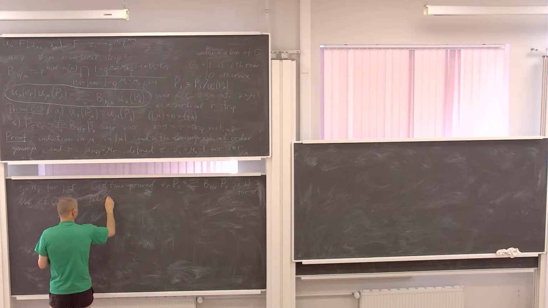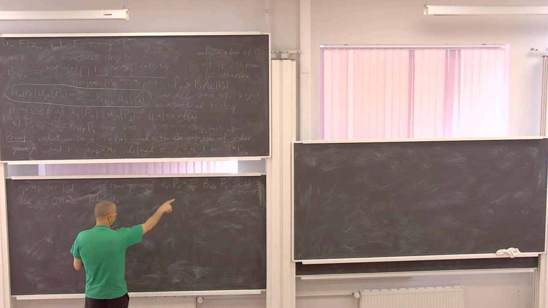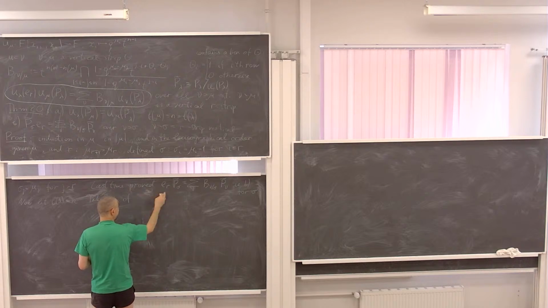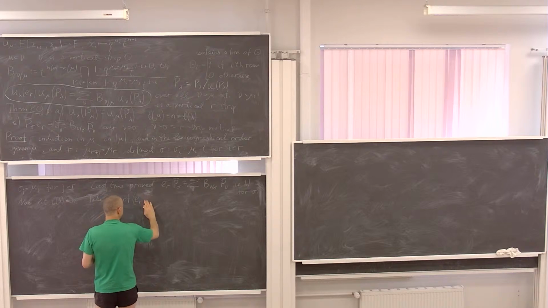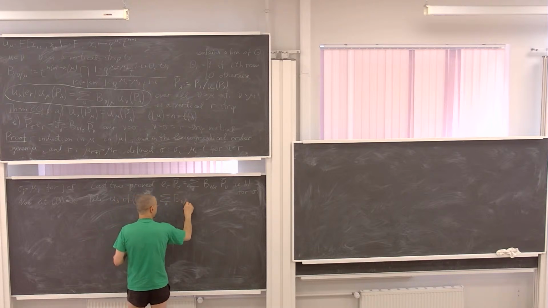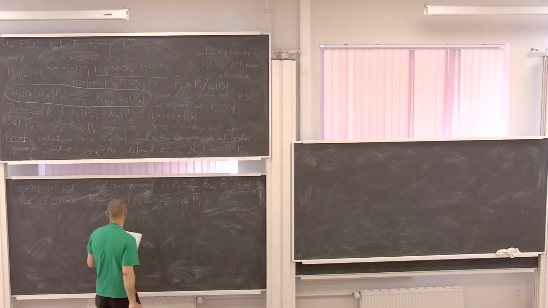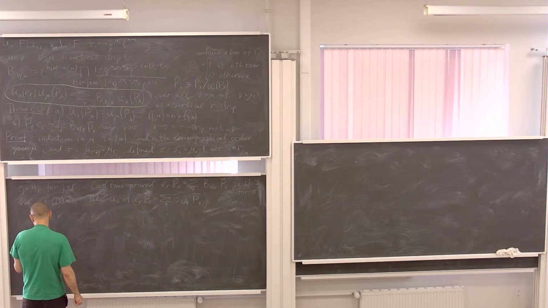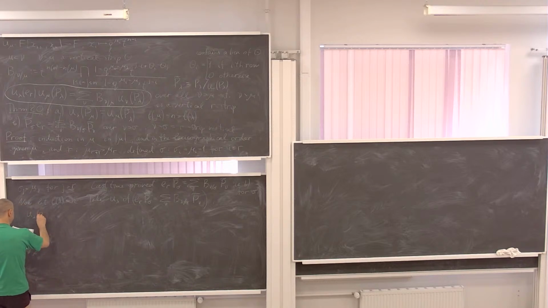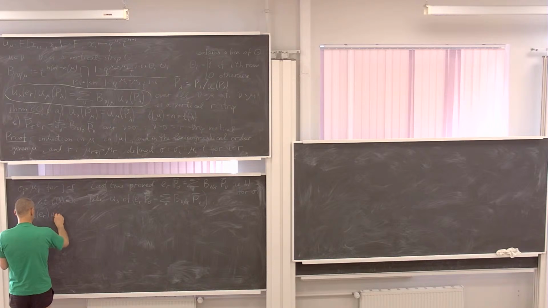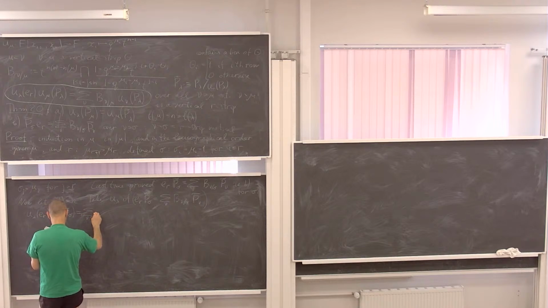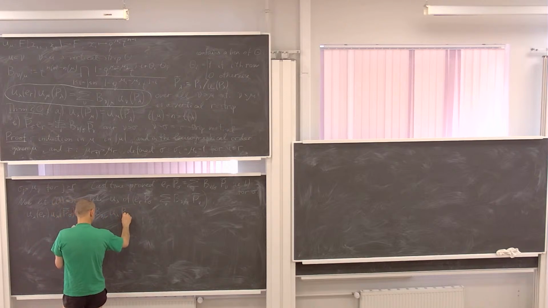Take u lambda of this equality, and we get u lambda of E_r, u lambda of p tilde sigma is the sum over nu b nu sigma u lambda of p nu tilde.